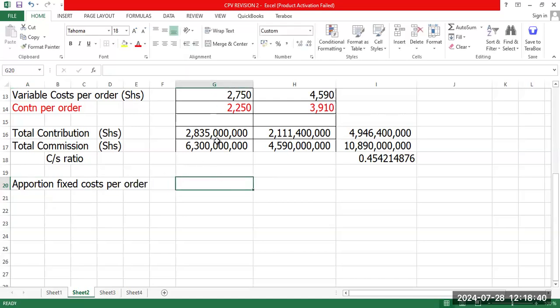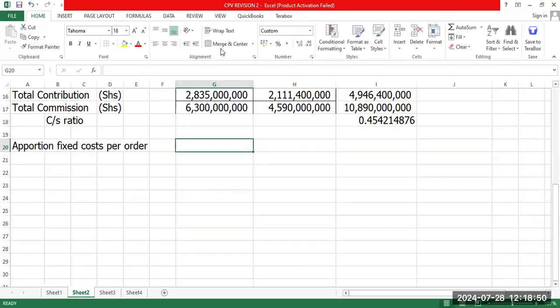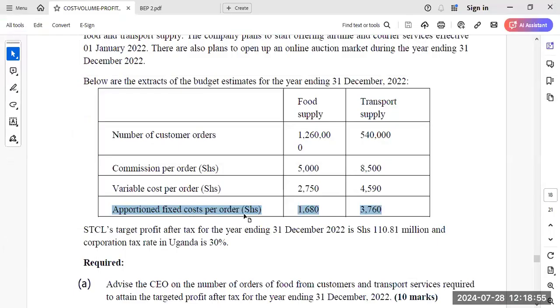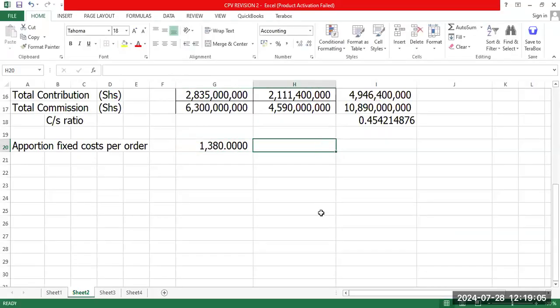For this service, food supply, how much? This is the apportioned fixed cost per order, which is 1,680. Then for this one, it is 3,760.